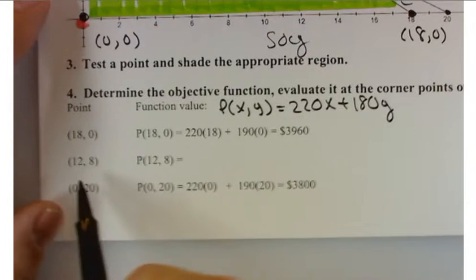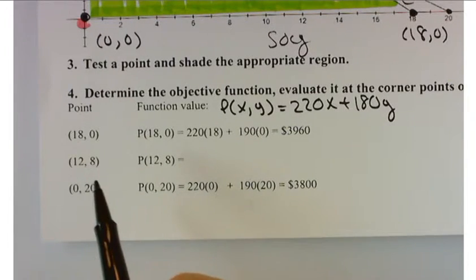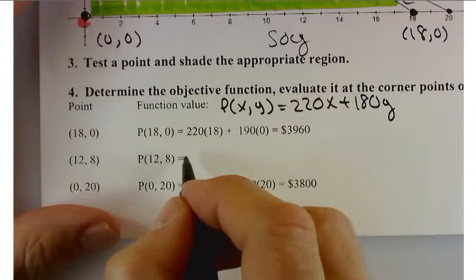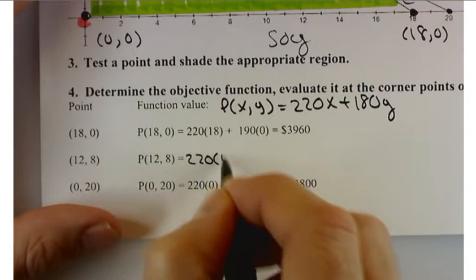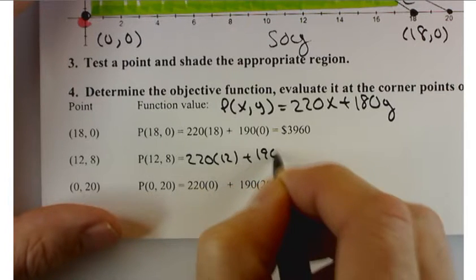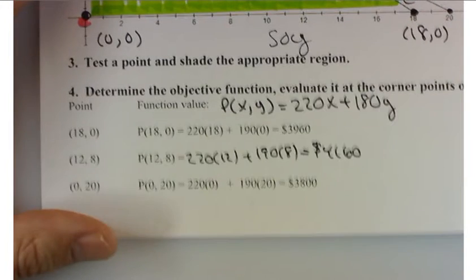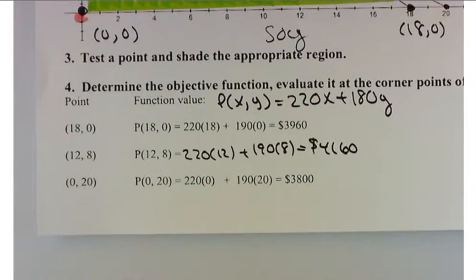You might have also looked down here and noticed that there's a 12 and 8. All right, but that's not exactly in the spirit of things. So let's see here. 220 times 12 plus 190 times 8. 4,160. Sweet. So that's the maximum profit that you can make under these constraints.